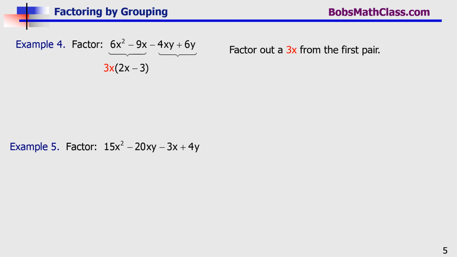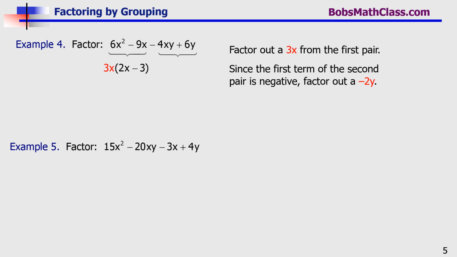Now our second pair. What's our GCF? Let's see, for -4 and 6, that would be a 2. Then they both have a y in common, so it's 2y. Oh, but the first term is negative, so it will be -2y.